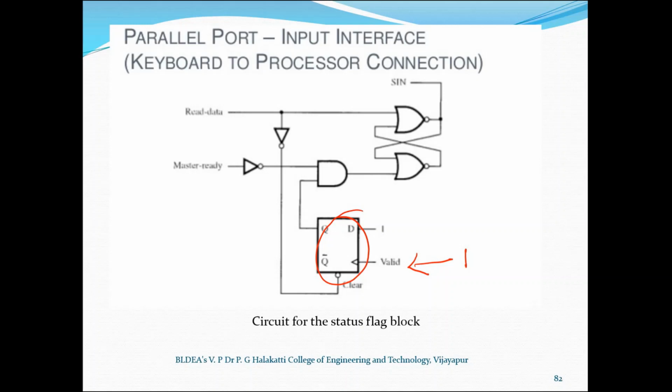This changes the state of the NOR latch such that SIN is set to 1. The circuit ensures that SIN can be set only while master ready is equal to 0. If it is equal to 0, it will be equal to 1 here, and this will be 1. So 1 and 1 will give an output of 1.